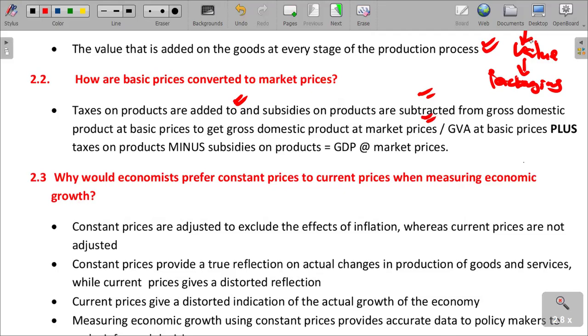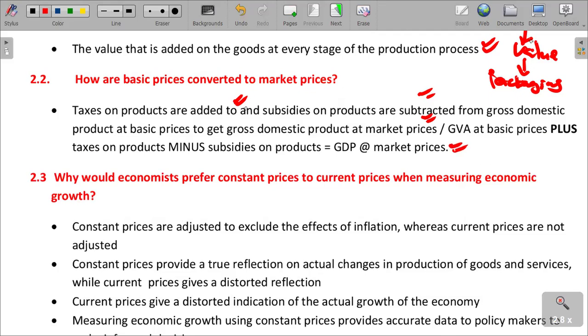So what we need to understand is that basic prices plus taxes on products minus subsidies on products gives us GDP at market prices.